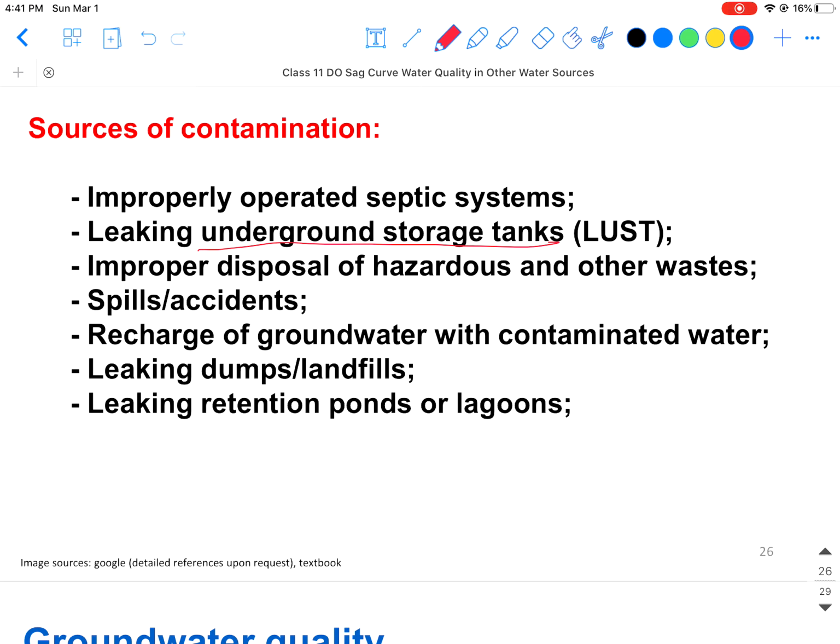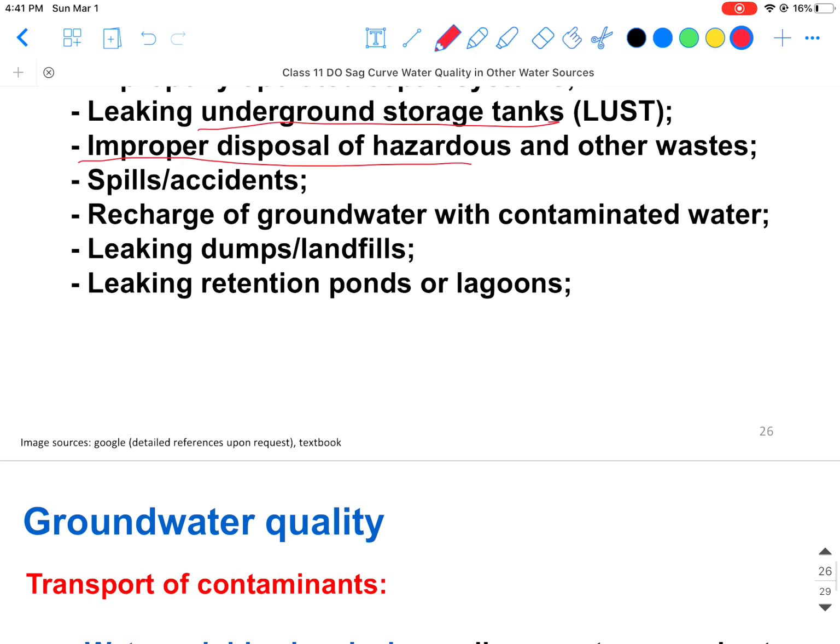So in the introduction, we talked about how the oil or the gas in California containing certain chemical species might affect the water quality in groundwater. And it can also be affected by the improper disposal of hazardous wastes, spills, accidents, right? Leaking dumps or landfills, and also leaking retention ponds or lagoons.